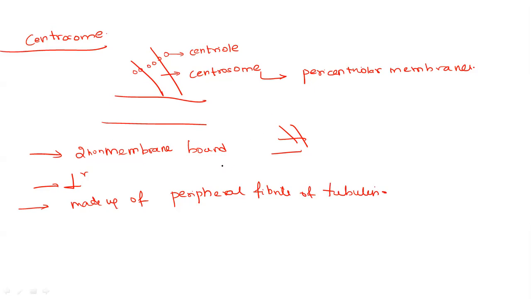Centrosome is an organelle containing 2 cylindrical structures, always perpendicular to each other, non-membrane bound, and made up of peripheral fibrils of tubulin. If they ask you whether the centriole is inside the centrosome or the centrosome is inside the centriole, always remember that the centriole is inside the centrosome.